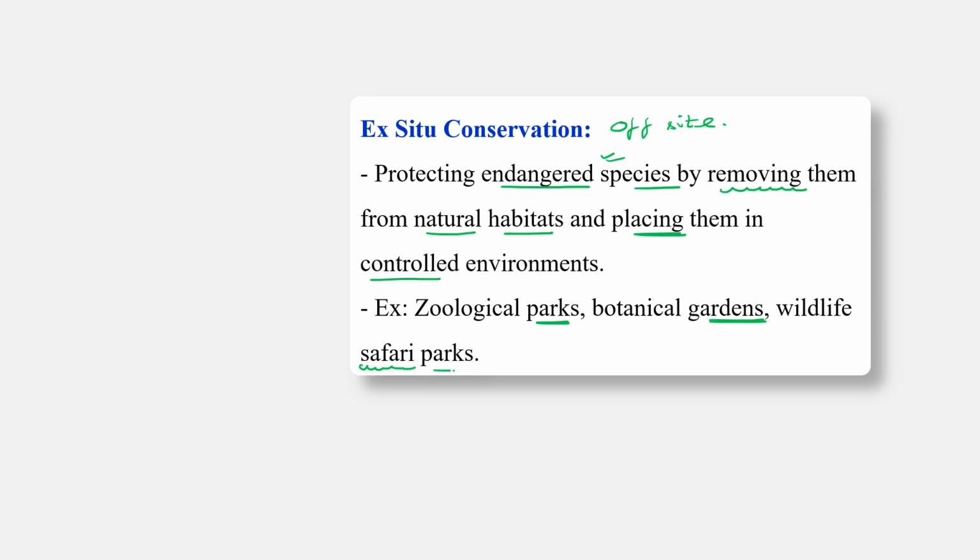So these are the examples. You can now analyze and differentiate whether a zoological park or biosphere reserve belongs to ex situ or in situ. If words like zoo, park, garden, safari are associated with the term, you can quickly tell that it belongs to ex situ conservation.